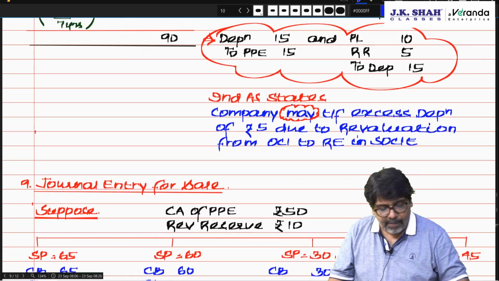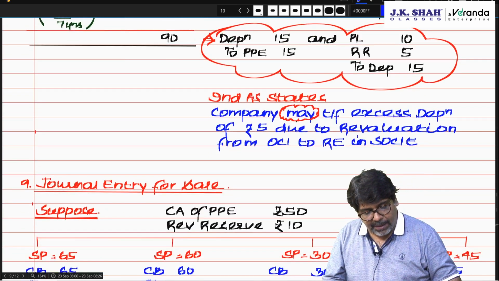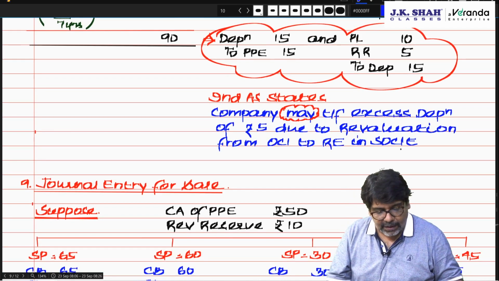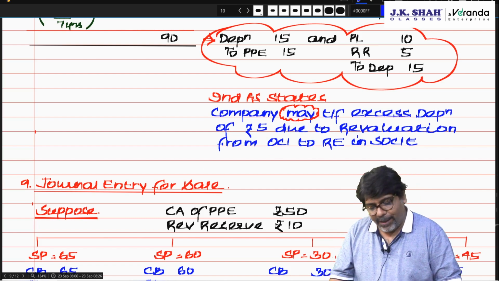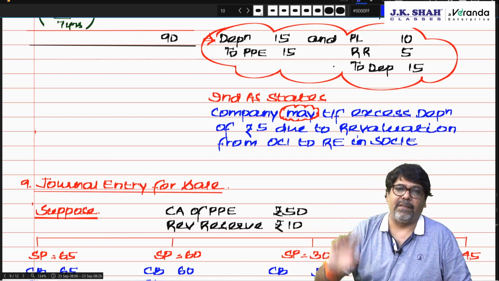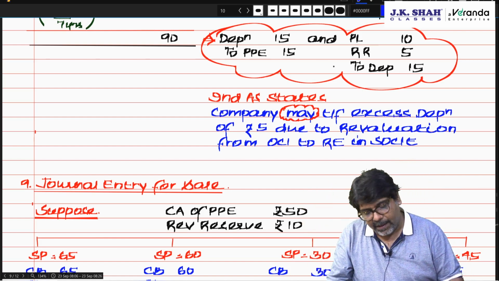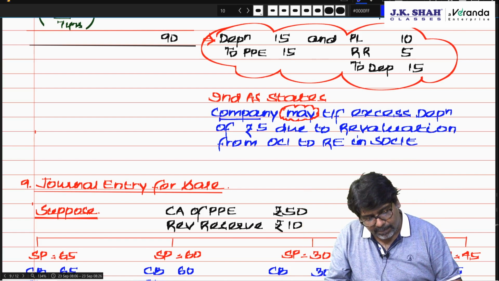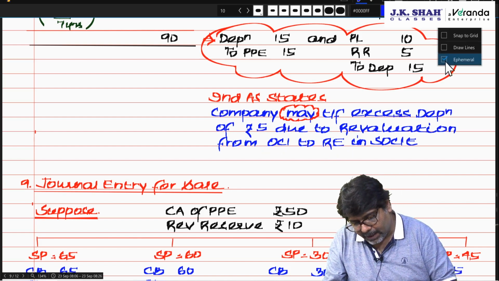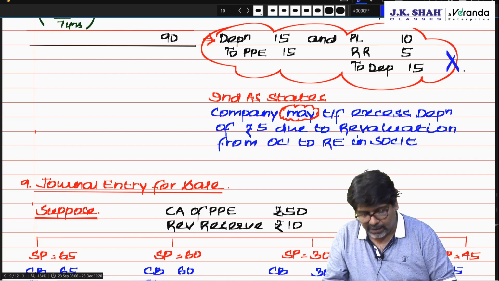Am I clear? Ind AS states the company may transfer excess depreciation of rupees 5 due to revaluation from OCI to retained earnings. So you will remove 5 rupees from OCI and transfer it to retained earnings. So you are not supposed to pass this journal entry, charted.